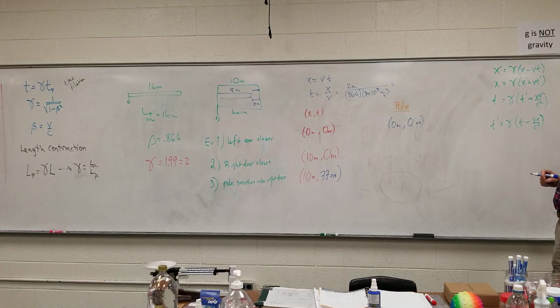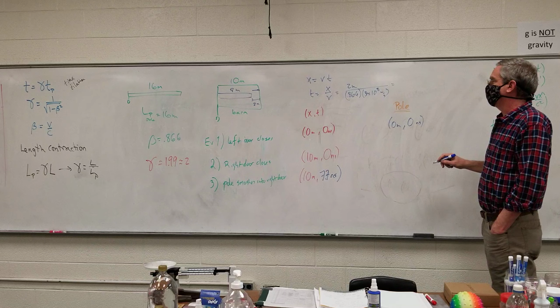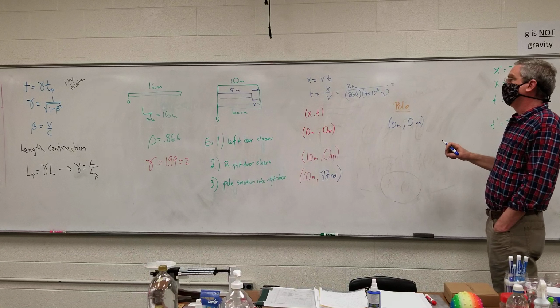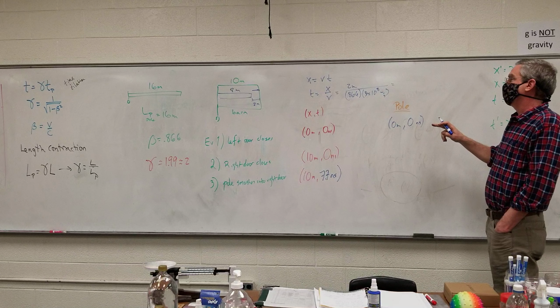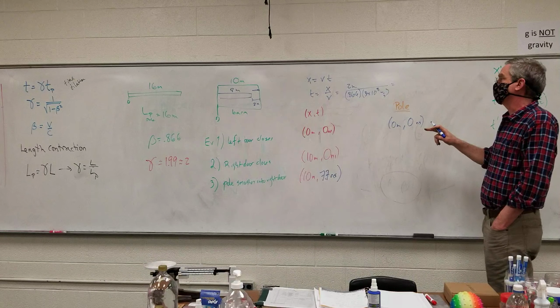We use our equations over here. I know that the prime frame is the, let's see, what am I doing here? We end up with, because one will give us a very different answer than the other.